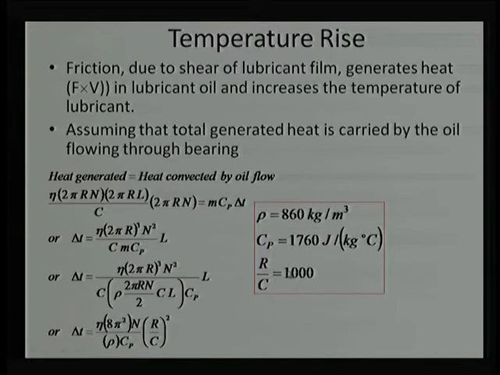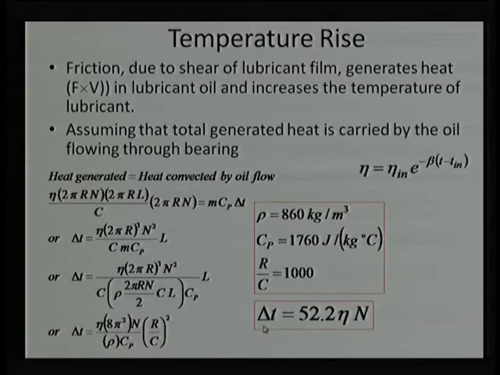Of course, if there is no radial bearing, or the radial geometry is not there, then we should use a tangential velocity term. If we substitute these values, what do we get? The temperature difference is 52.2 times viscosity into rotational speed.